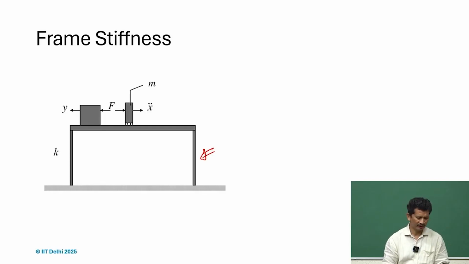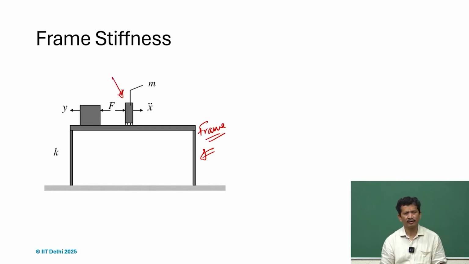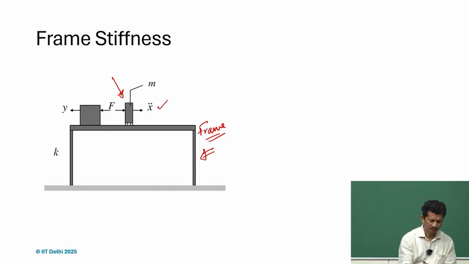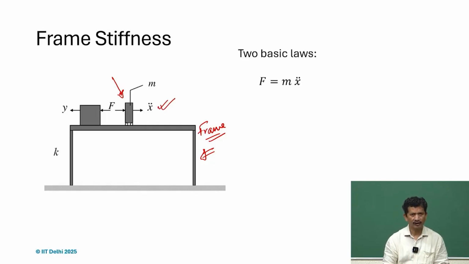What we see is a frame, and one object which is moving at a very high speed, or rather it has to accelerate and decelerate. That is why we mention x double dot. So, this is moving.